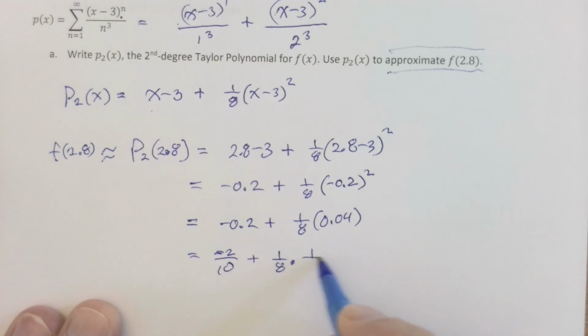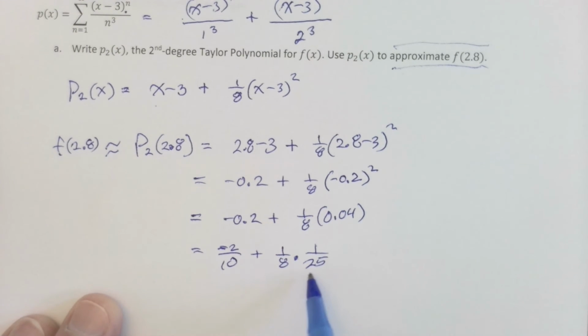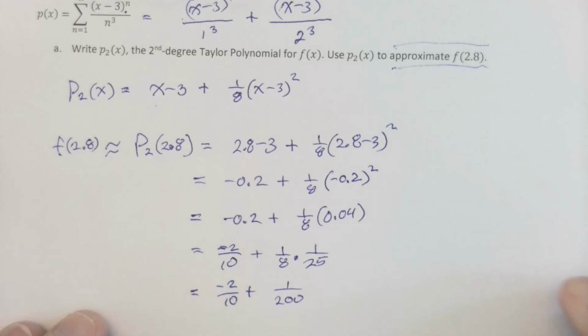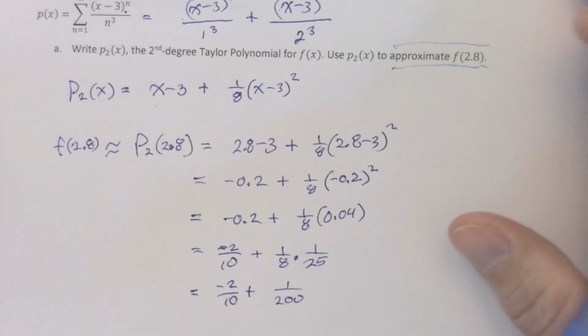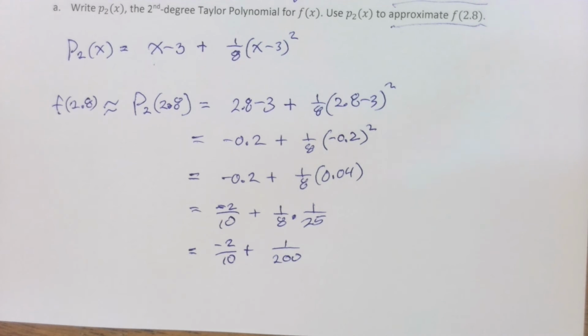So we're getting a little arithmetic lesson here. When I multiply 8 times 25, that's 200. So I have negative 2/10 plus positive 1 over 200. And I can get both of these in terms of 200 just by multiplying by 20.